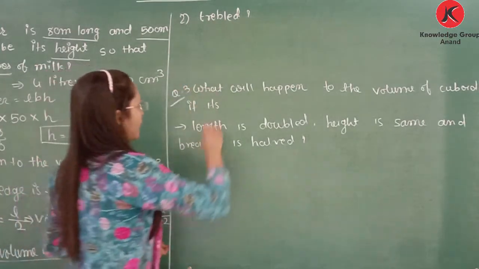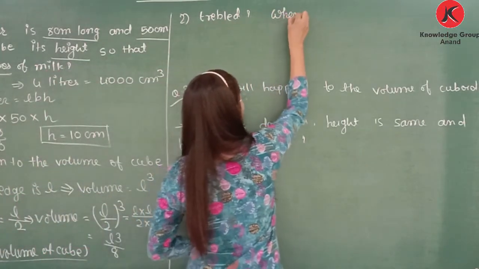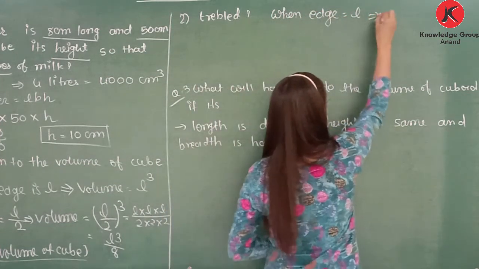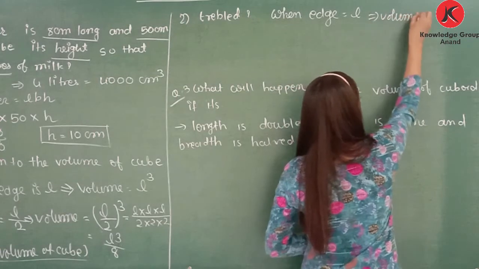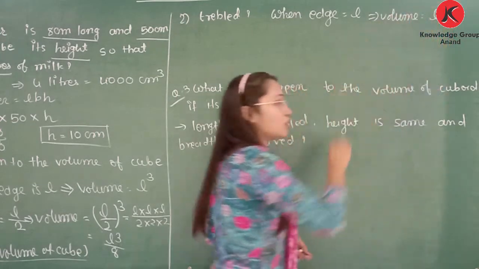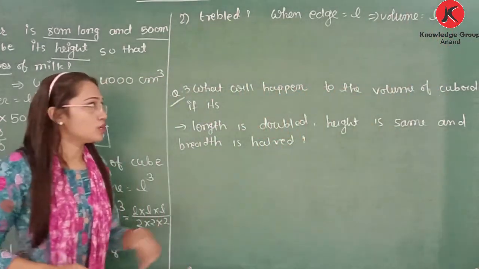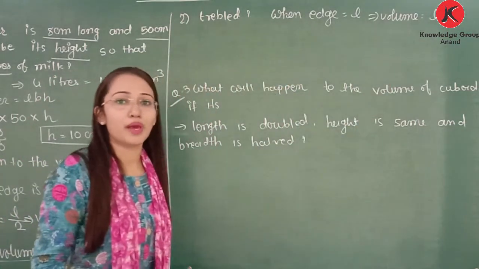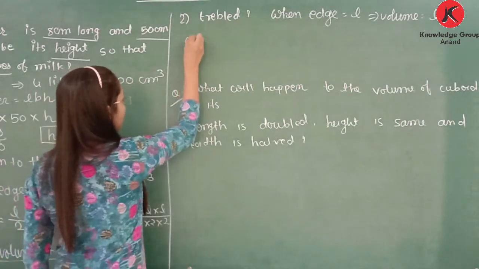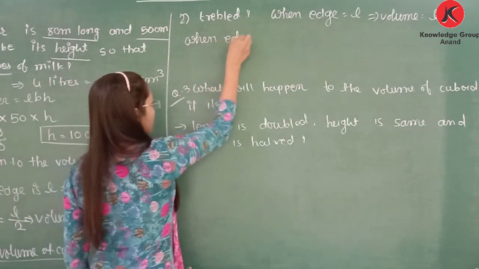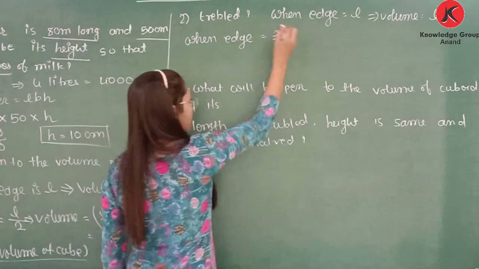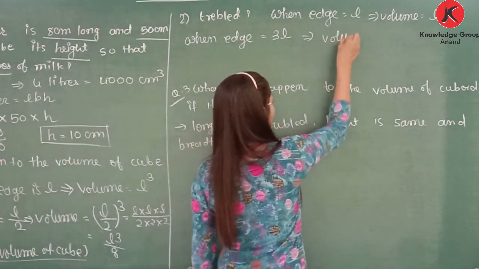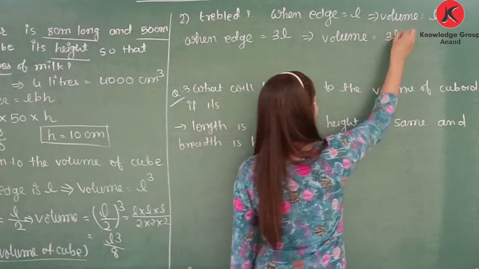So it means when edge is L, so volume will be what? L cube, because we are only considering the cube. So when edge is L, its volume will be L cube. But if it is multiplied by 3, it is triple. So what will be volume? It is 3L.